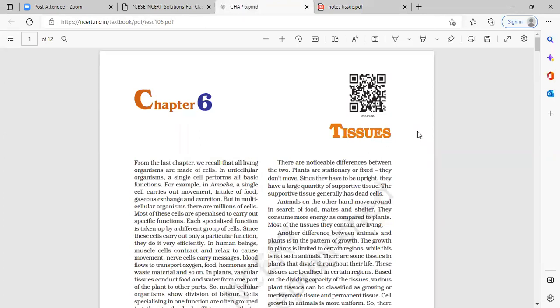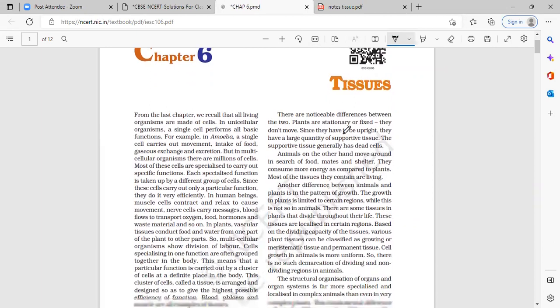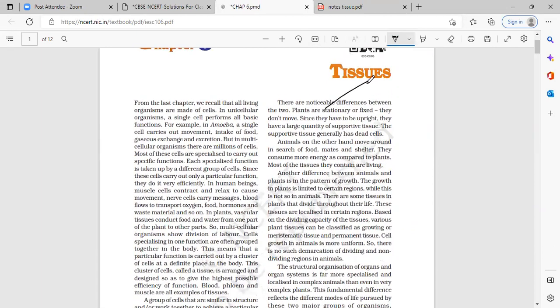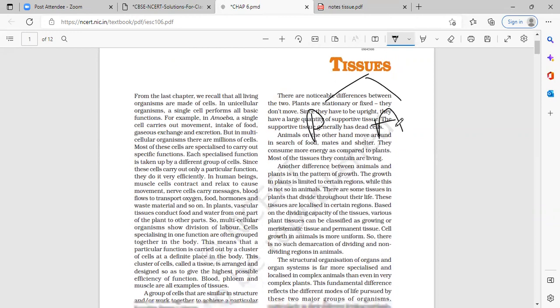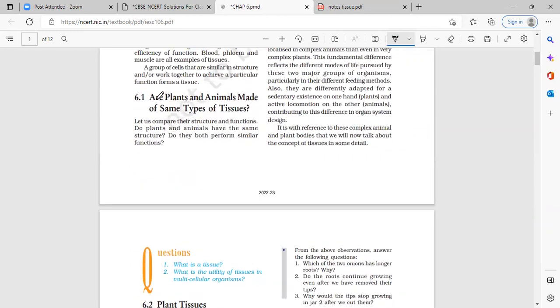Okay, so this is a very important chapter. Okay, because this is the basis of whatever you will be studying in the next class. So now coming to tissues, ma'am, what are tissues basically? Okay, so we will be studying two types of tissue. One is your plant tissue and one is your animal tissue. Okay, so first of all, we will study about this.